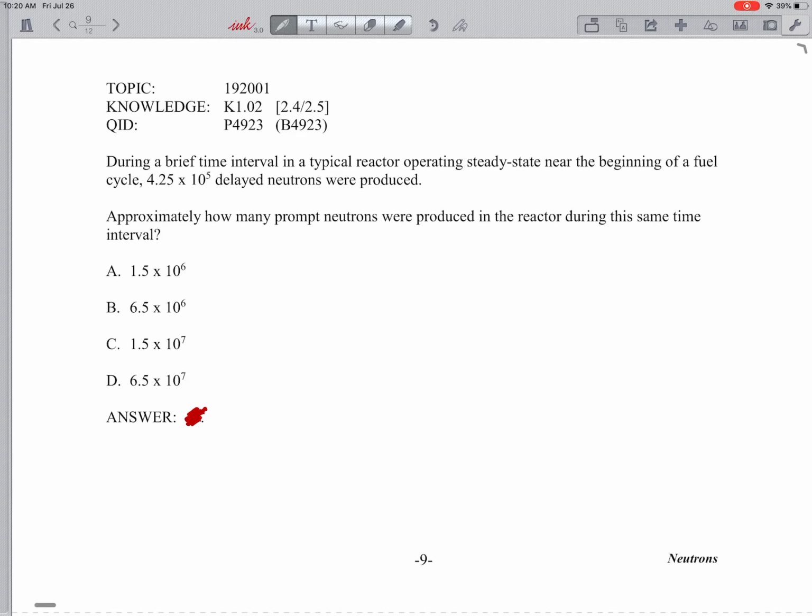All right, so next question. During a brief time interval in a typical reactor, steady state near the beginning of fuel cycle, 4.25 times 10 to the 5th delayed neutrons were produced. So another proportion. They seem to like these. I don't. Approximately how many prompt neutrons were produced if 4.25 times 10 to the 5th were delayed?